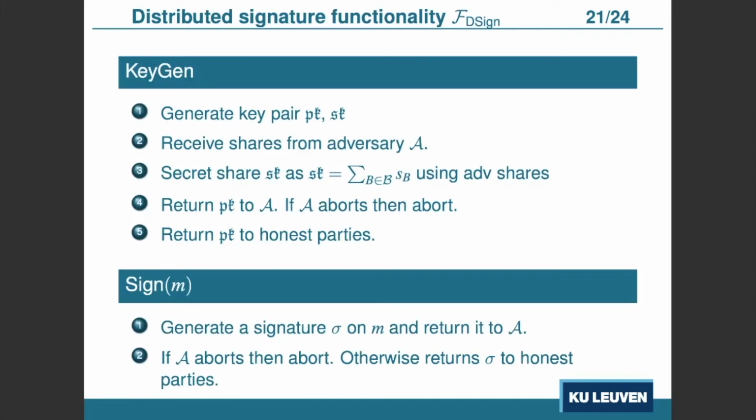And this is the functionality we want to realize in MPC, and it also describes the main properties of our protocol. So the secret key is shared among the parties and then used to generate the public key. When the functionality receives a message, it outputs a signature on it like any normal signature scheme.